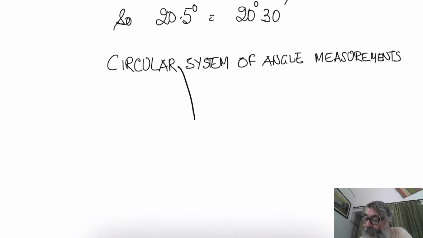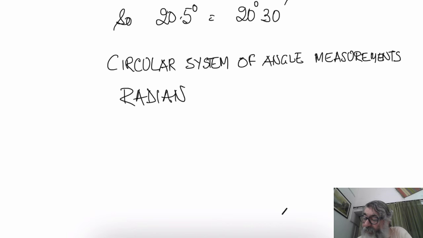Now let us see what happens. First of all, let us understand what a radian is. Radian, a new word, you are going to write radian.